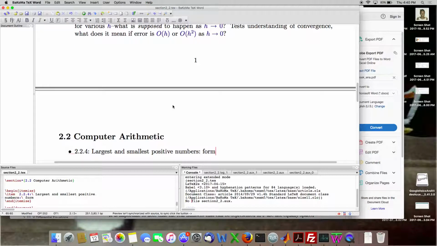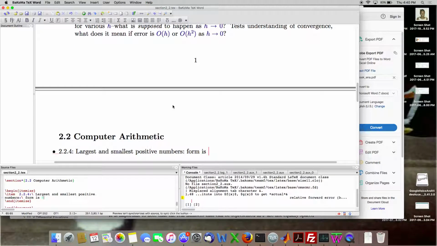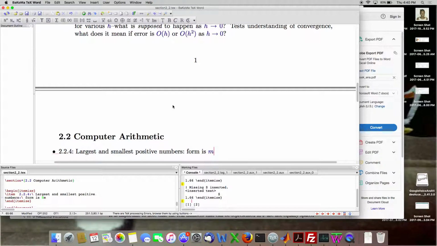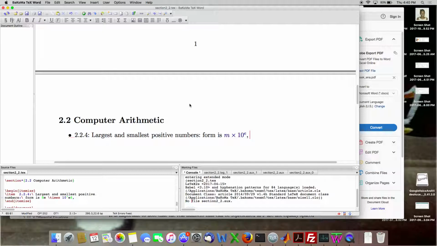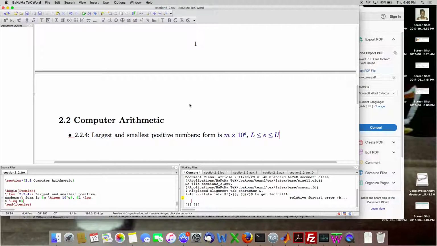The form of your floating point number is mantissa times 10, which is your base, raised to some exponent e, where e has to be within a given range.